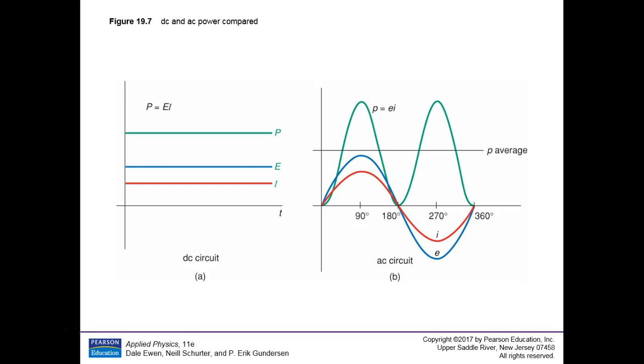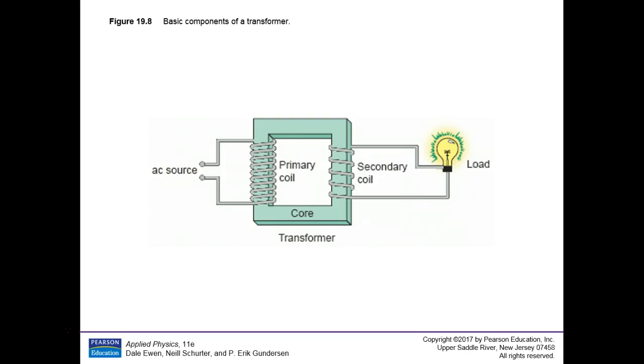You multiply negative by negative, you get positive. So your power is doing this kind of motion. Never negative. It goes up from 0 and like this, so you have an average power here. Now, that's all we're going to talk about. You don't need to know any of that, but just to let you know, that's what's going on in alternating currents.